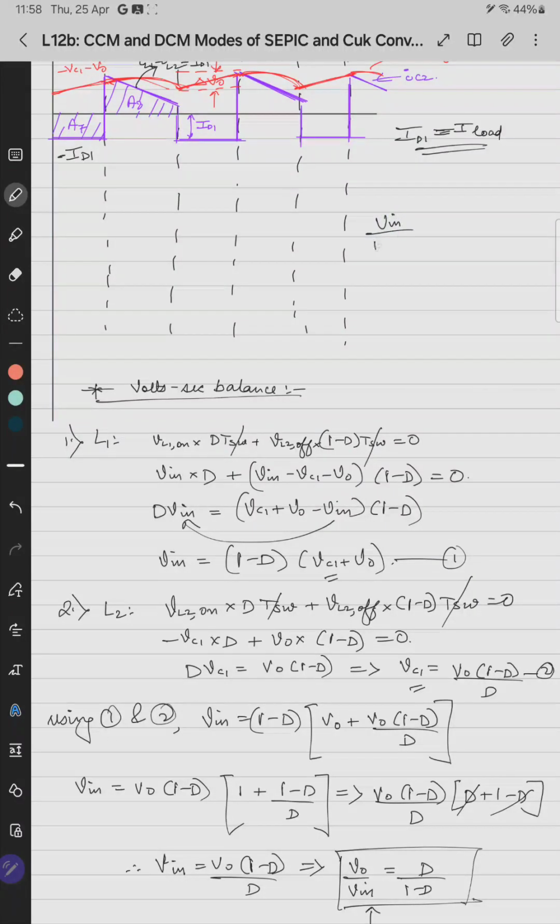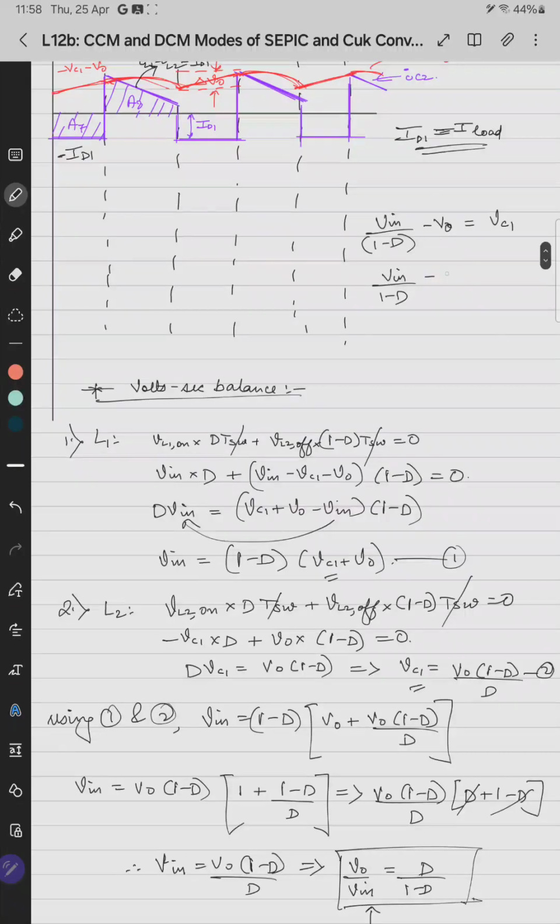Vin will bring 1 minus D down in the expression of equation 1. Vin by 1 minus D equals VC1 plus V0. So minus V0 is VC1. It is Vin by 1 minus D, and V0 is minus D into Vin by 1 minus D, which is VC1.